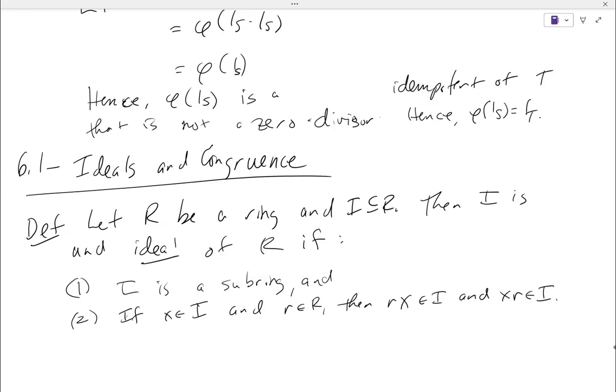The ring may not be commutative, so I need to make sure that I absorb from both sides. That's why I've got rx and xr. Most things that we'll deal with will be commutative, but there'll be a couple of examples here and there that it's not commutative. If it's commutative, you only need to check one direction, obviously.